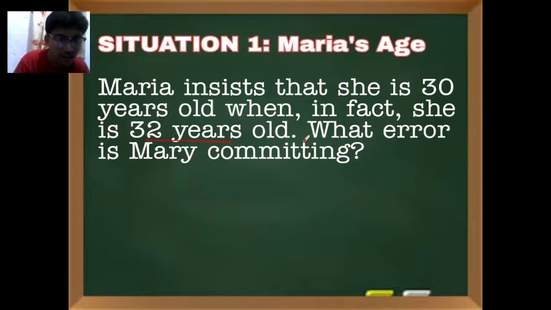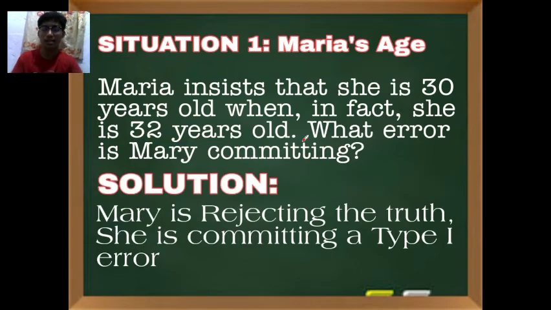What error is Maria committing? She said she is 30 years old, however, in reality she is 32. So what error did she commit, first error or second error?